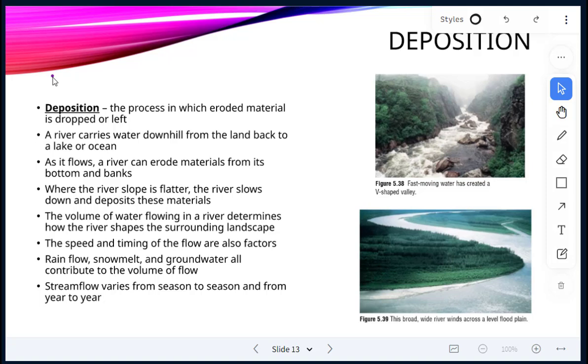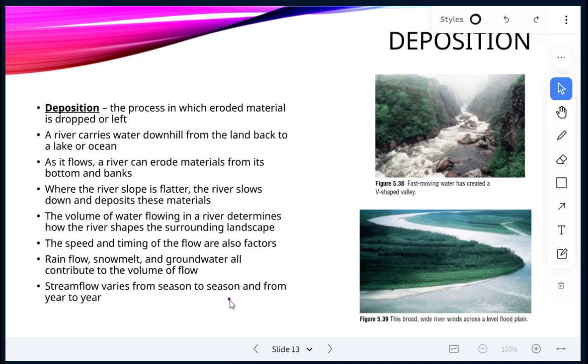The volume of water flowing in a river determines how the river shapes the surrounding landscape. So if we look here, this is fast moving water. It's created a V shape valley. This broad, wide river has more of a level floodplain.